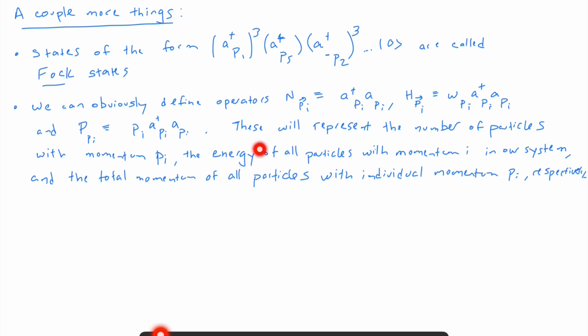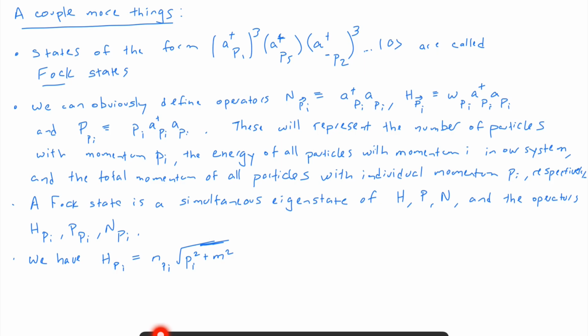And these will represent the number of particles, for example, with momentum pi. So this is another Hermitian thing that represents the number of particles, and again, I'll get to what we mean by particles with momentum pi. This will represent the energy of particles with momentum pi in our system. This will represent the momentum of all the particles with just pi in our system. So you can have these sub-operators in our quantum field theory that are Hermitian and defined as this.